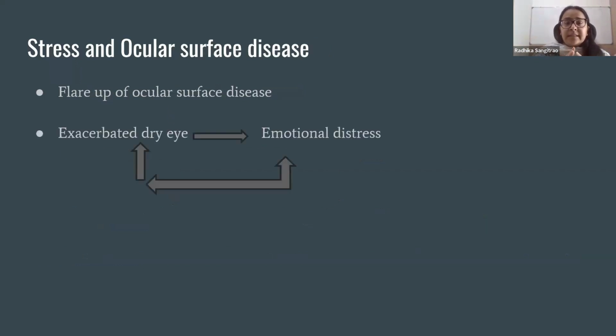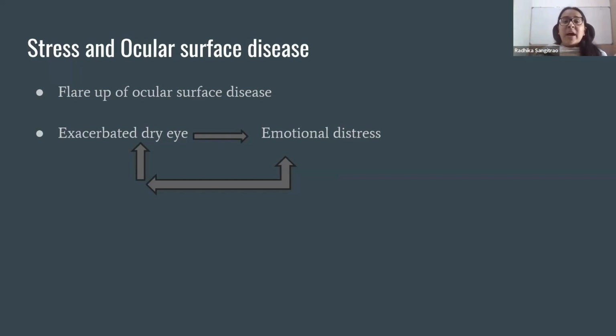So we were discussing ocular surface disease, basically dry eye and all. When your tear film is not adequately covering the eye, it can cause a lot of problems, because the tear film acts like a protectant to the surface of the eye. When this tear film is deficient, it can cause a lot of swelling in the eye.